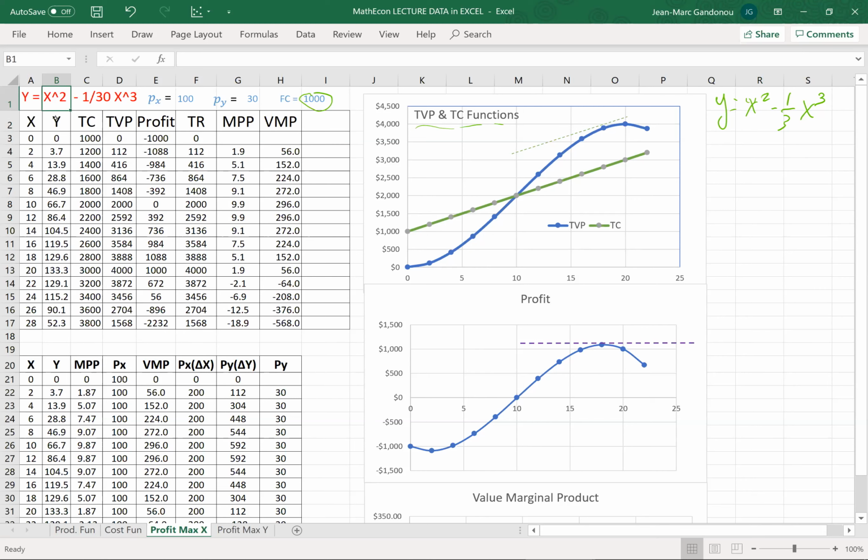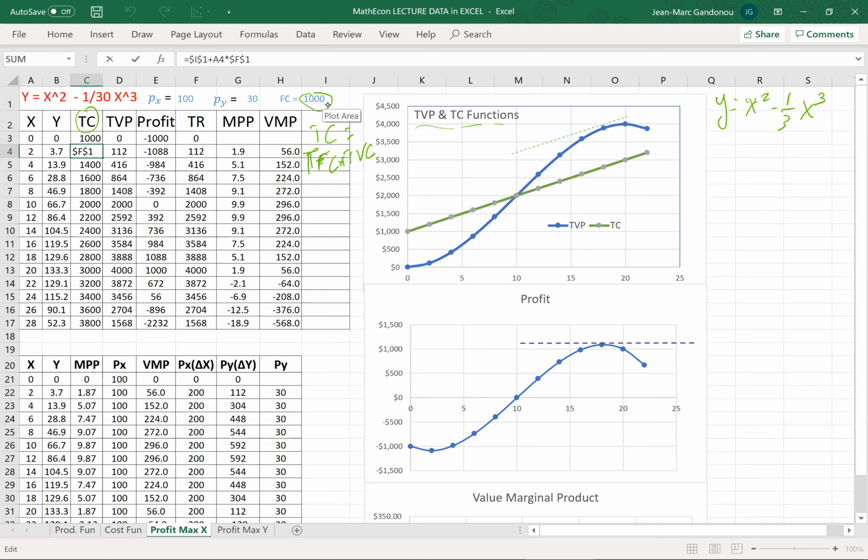So the total cost, okay, what is the function here, I'm going to show you. I'm using this here, total cost. This total cost equals fixed cost plus total variable cost.